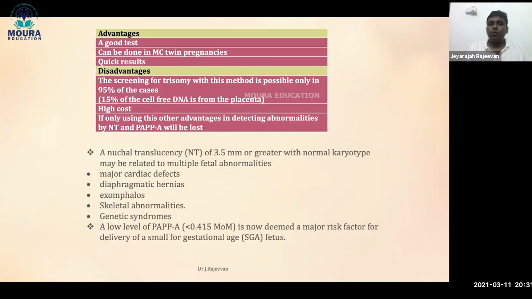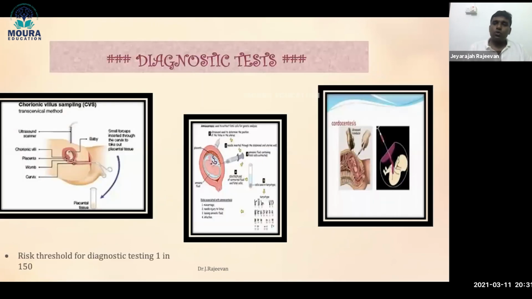Now we will move to diagnostic tests. So far we have discussed the screening tests, right? The screening test we do in the first trimester, second trimester, sometimes we are hybrid, integrating first trimester and second trimester screening, right? Each and every screening test has a different level of detection rate, but when you combine these tests, your detection rate goes up.